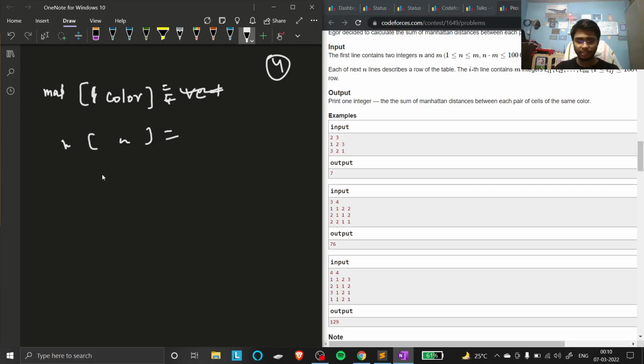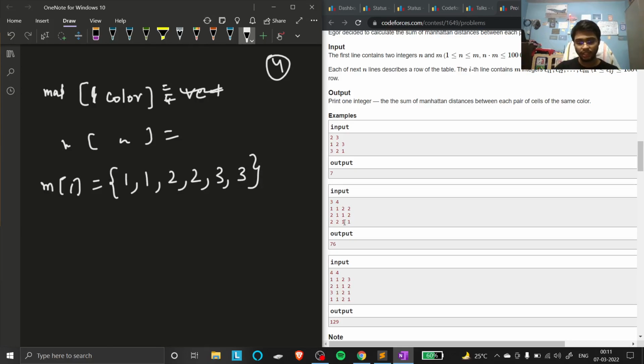After that, let's examine this. If I take m of 1, what are its x coordinates? They are 1, 1, then 2, 2, 3, 3.